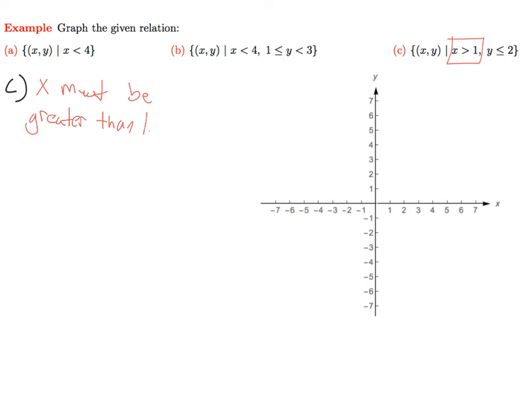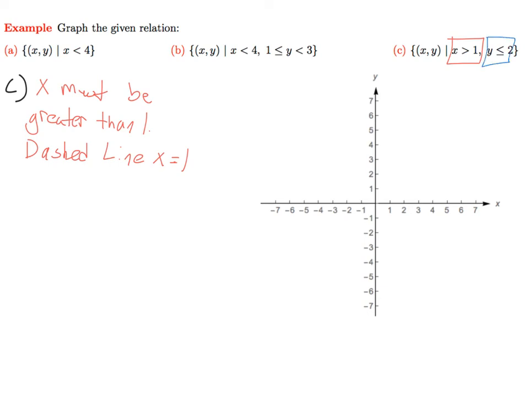So this is going to be a dashed line at x equals 1. We have the condition on y, which I'll indicate in blue.